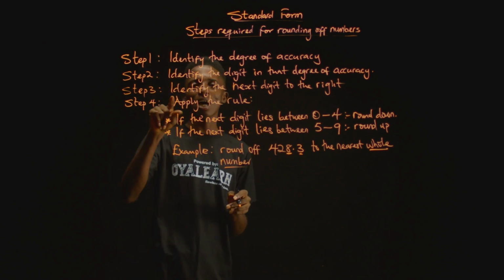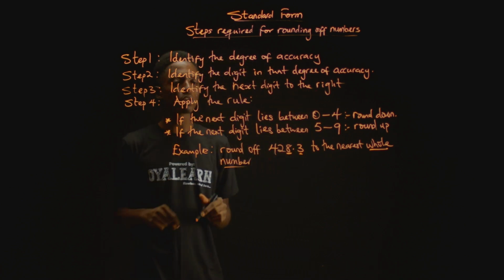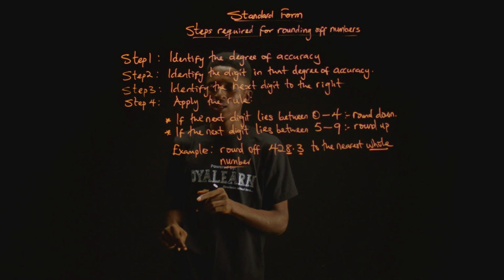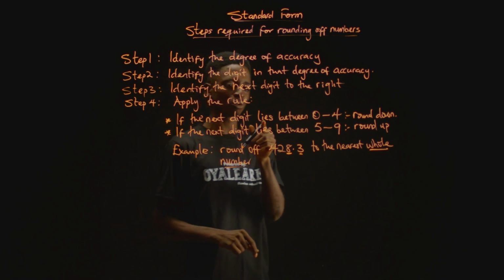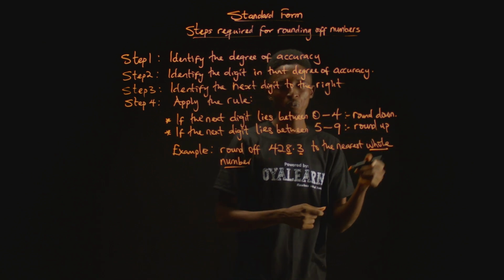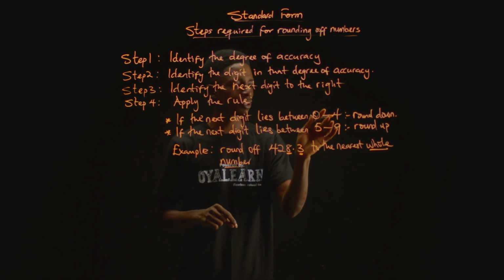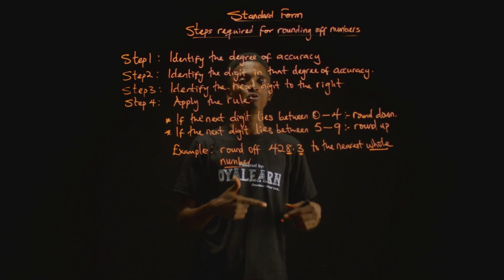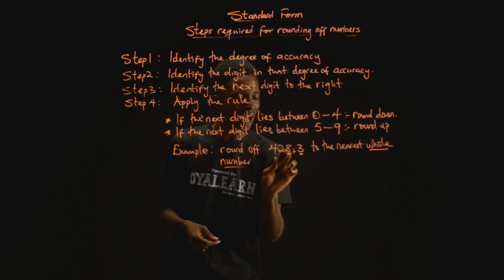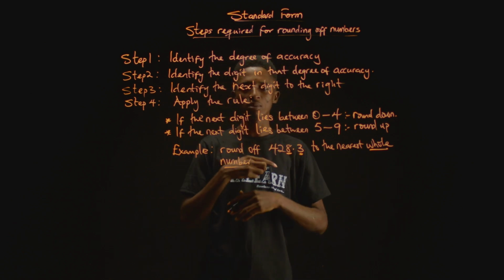Now we have done the degree of accuracy and the digit that lies there, and we have also found the next digit, which is 3. So step 4 would be that we should apply the rule. And the rule says that if the next digit lies between 0 to 4, we round down. And as you can see, the next digit here, which is 3, lies between 0 to 4. So we are going to round down. That means after this degree of accuracy, every other thing becomes 0.